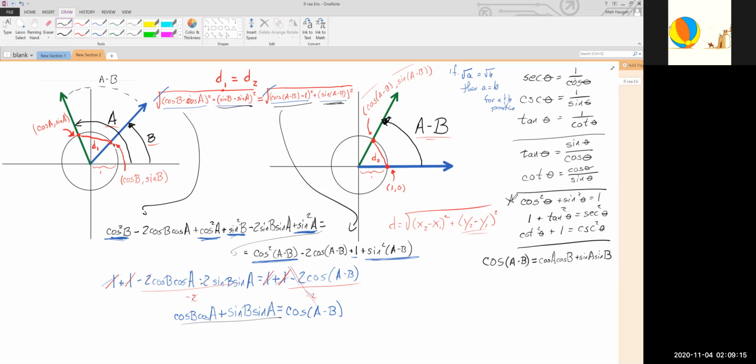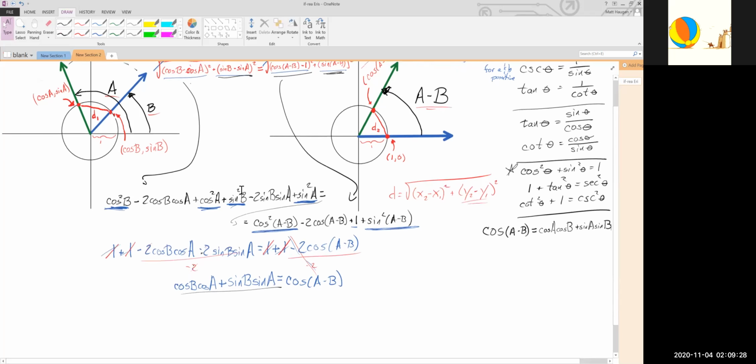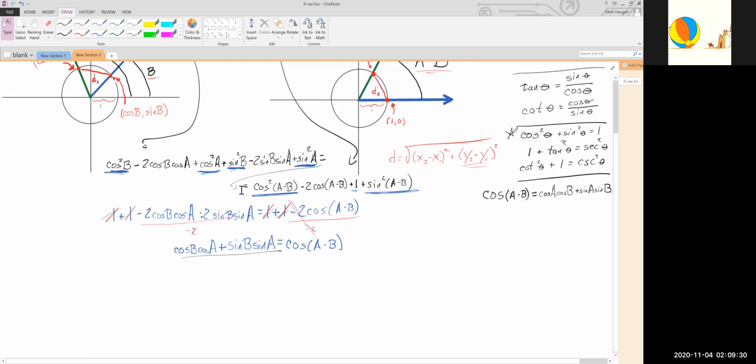Well, that might seem like a lot of work for just one little tool, but remember, I said we're going to be able to build a whole bunch of other tools based on just this construction. Now, what did I mean by that? I want to show you what I meant. Let's say, for example, that's great for cosine of A minus B, but what if we had the cosine of A plus B, and we wanted to manipulate that into something?